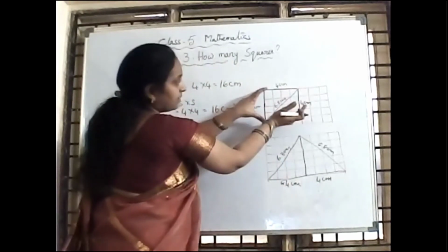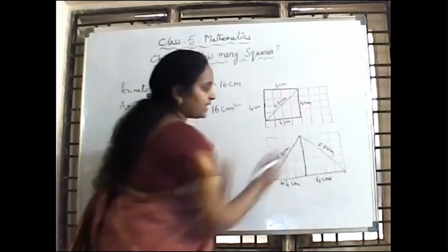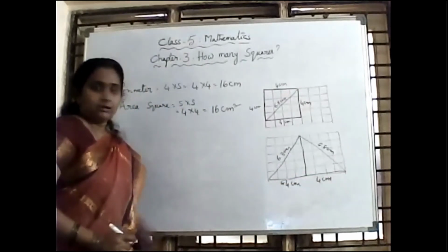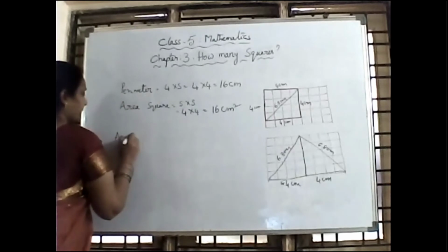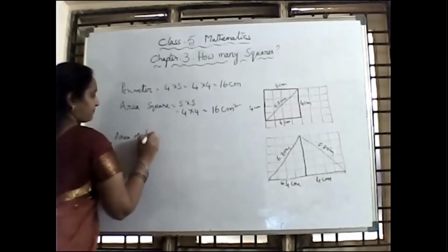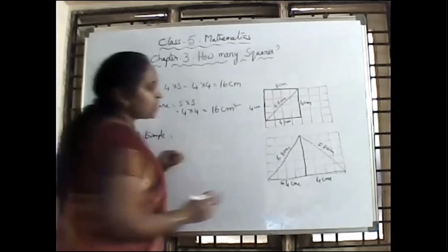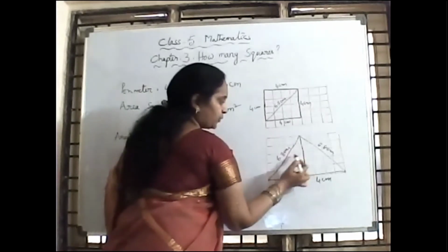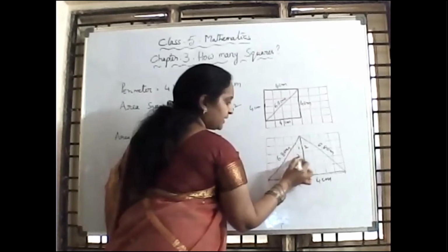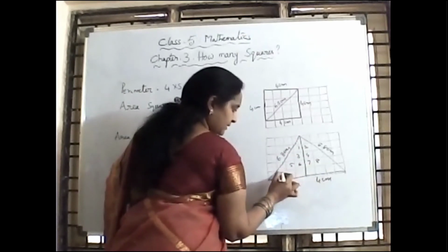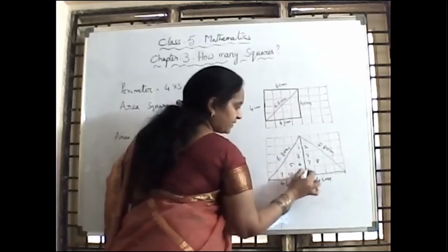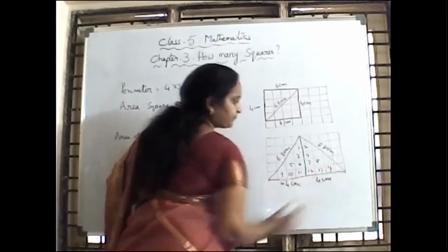Okay. Now the area of the square is nothing but the area of the triangle. Area of triangle we will find. Okay, so count the squares. 1, 2, 3, 4, 5, 6, 7, 8, 9, 10, 11, 12, 13, 14.